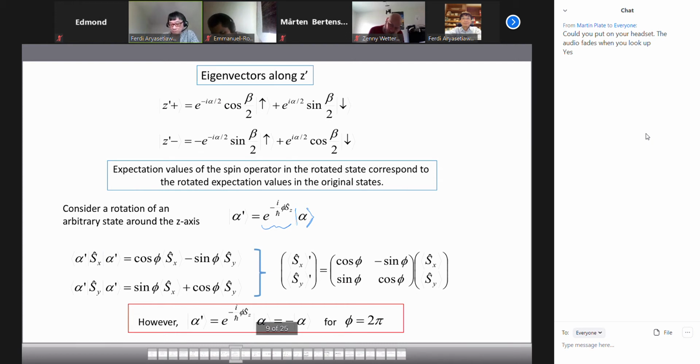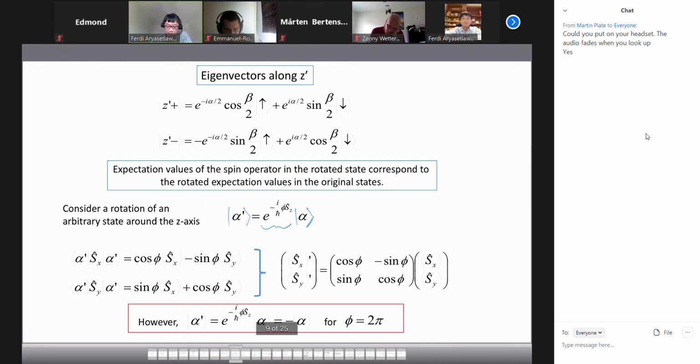We choose rotation around the z-axis because we choose the basis to be the eigenvectors of Sz, but we could have done it for any direction. So there is nothing special about this. It is quite general.